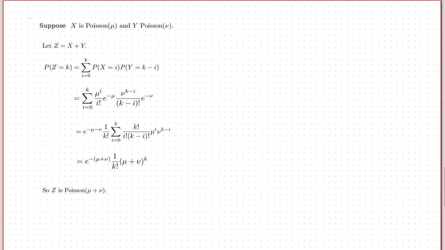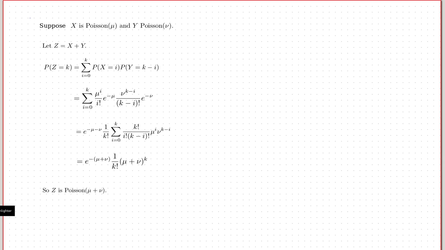One other thing I mentioned earlier is we kind of expect that if you have two independent Poisson random variables, right, x and y are from independent Poisson processes, and we add them together, then x plus y should also be a Poisson random variable, and the mean of x plus y should just be the mean of x plus the mean of y.